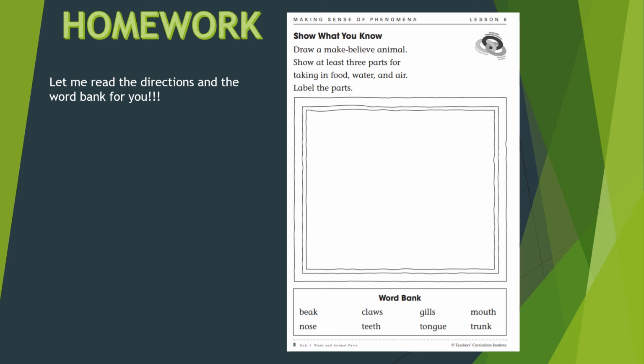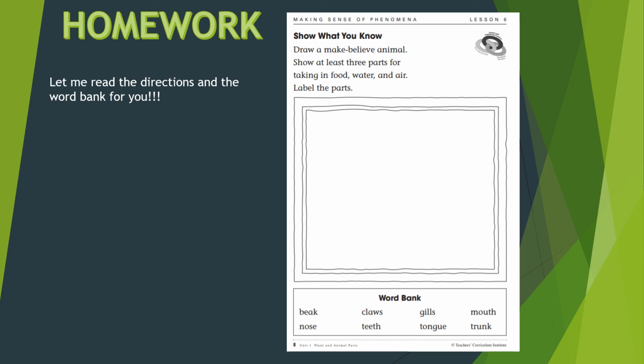All right, so you draw your make-believe animal, and we have a place for it to get food, a place for it to get water, and a way for it to get air, body parts. Look at the word bank. I'm going to go from left to right across the first line. Beak, claws, gills, mouth, nose, teeth, tongue, trunk.